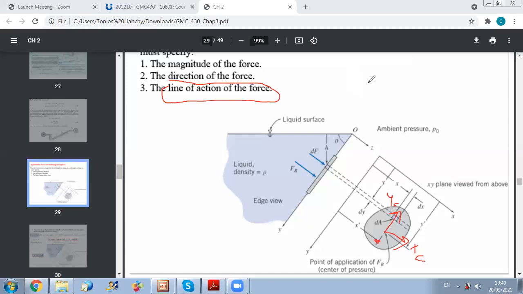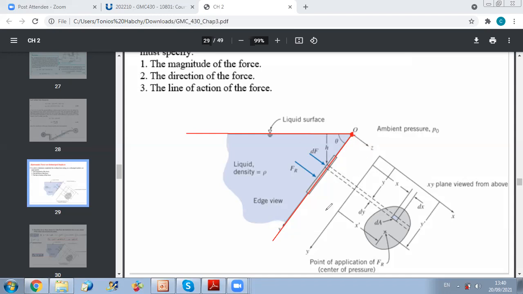Or another possibility is to consider a frame whose origin is at the free surface. If this is my free surface, and I have the submerged surface that is inclined, making a certain angle theta with the horizontal, I can take as origin the point of intersection of the free surface and the plane containing my surface of interest.